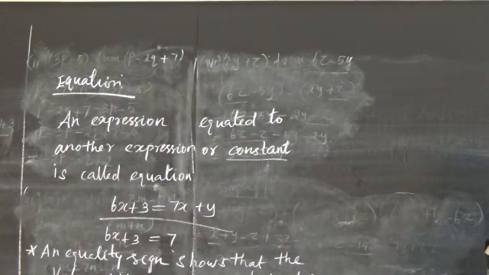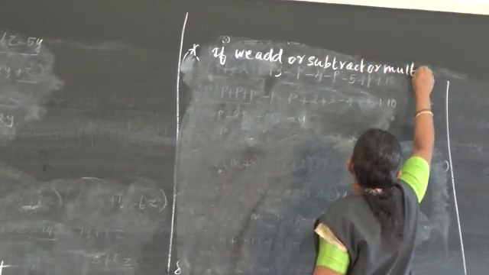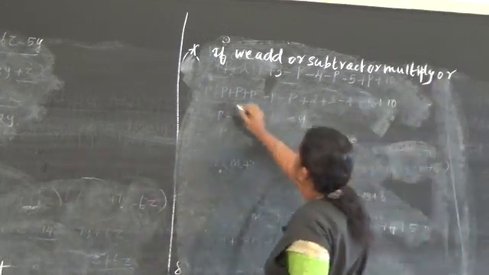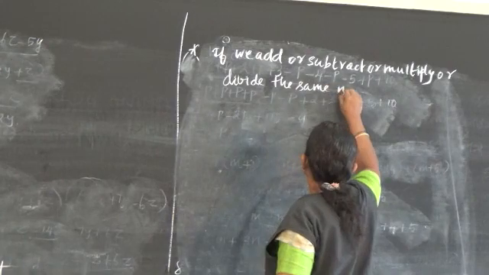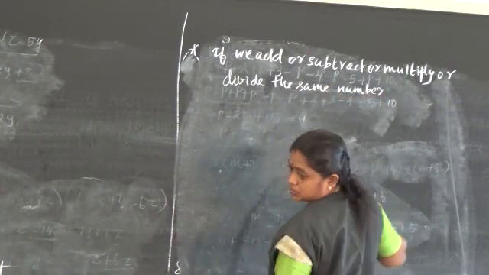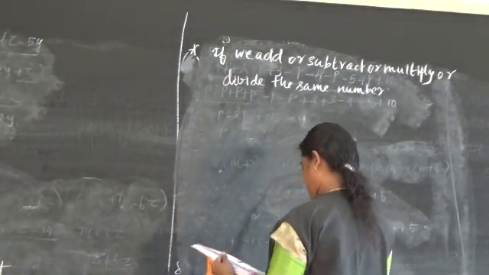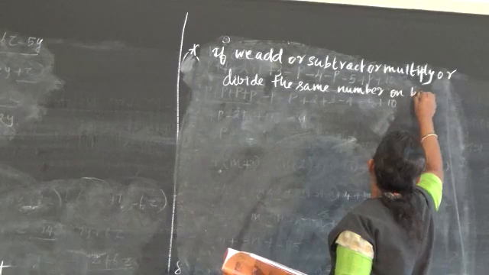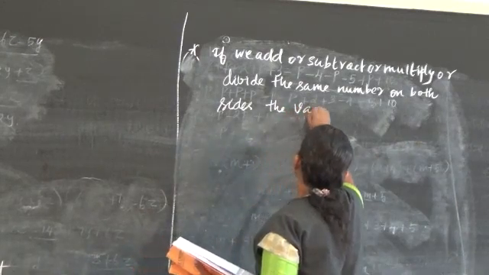If we add or subtract or multiply or divide the same number on both sides, the value remains the same.